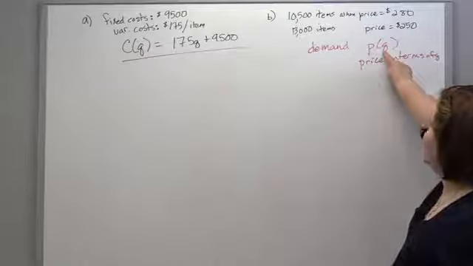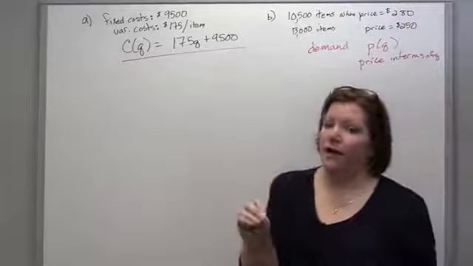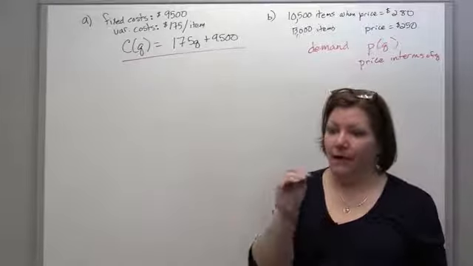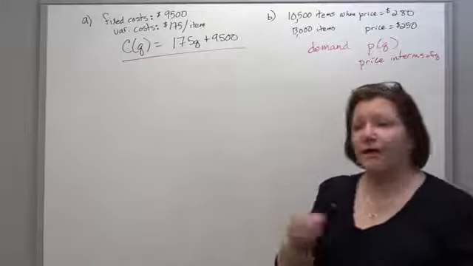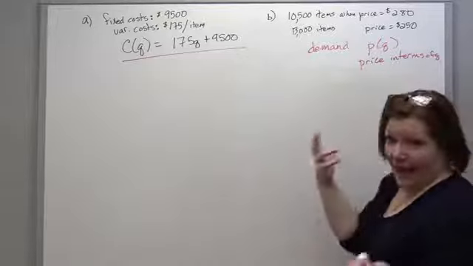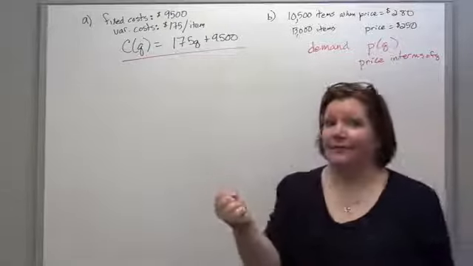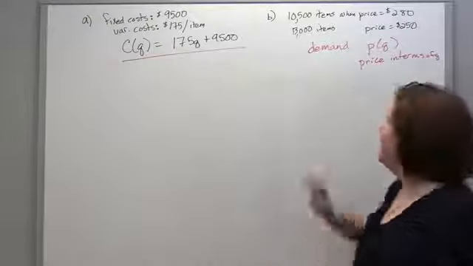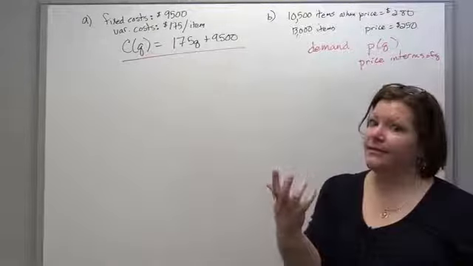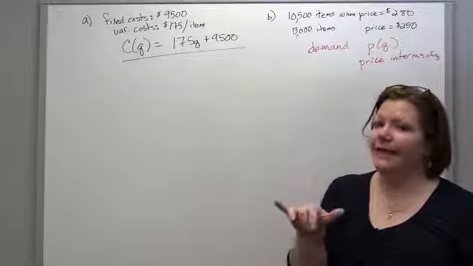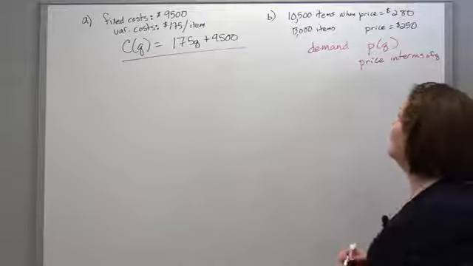So in this case, we put in the quantity we want to sell or are selling or have to sell, and what we get out is the price we're going to demand in order to sell that much. So think about that phrasing. We'll put in the Q to get out the price, and that can help figure this out.